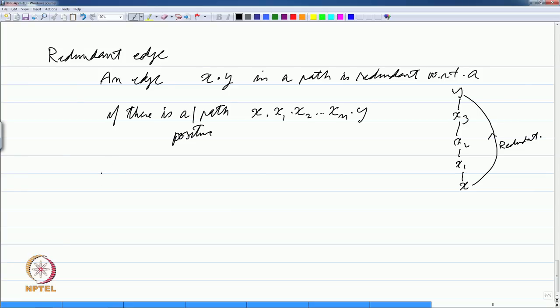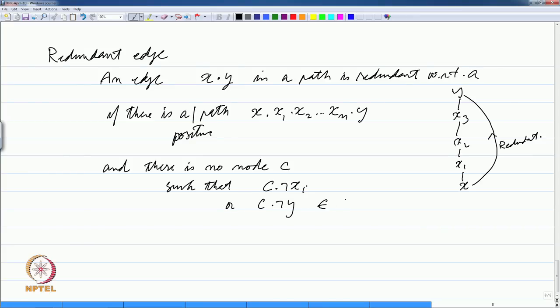There are certain conditions here, and there is no node C such that C.x, C.not x, or C.not y belongs to our network.